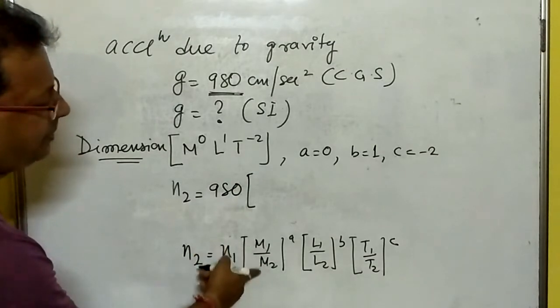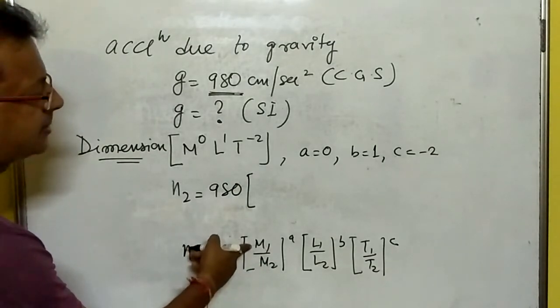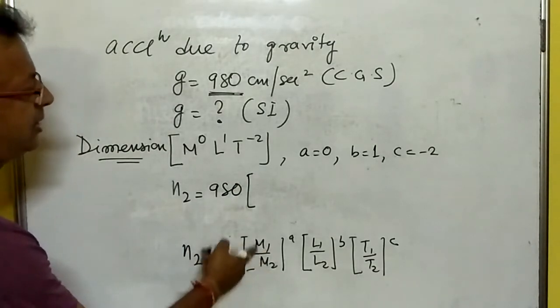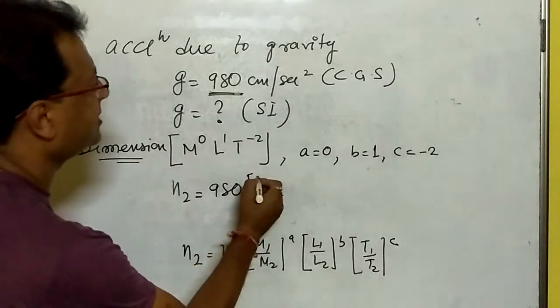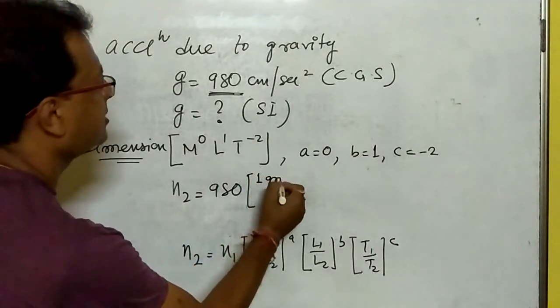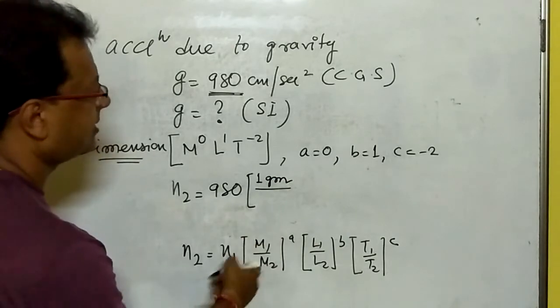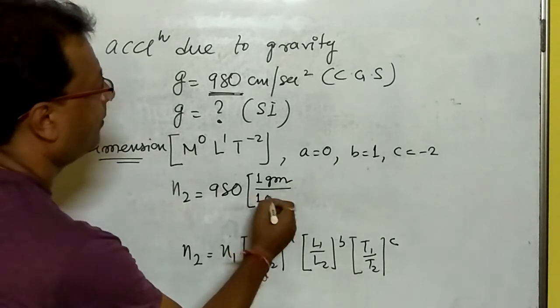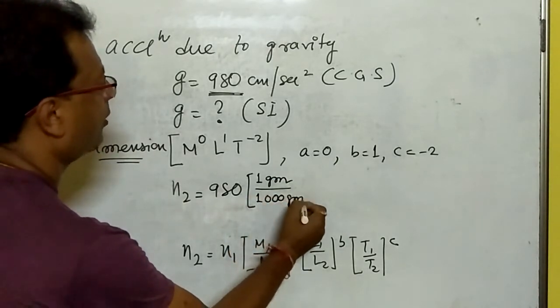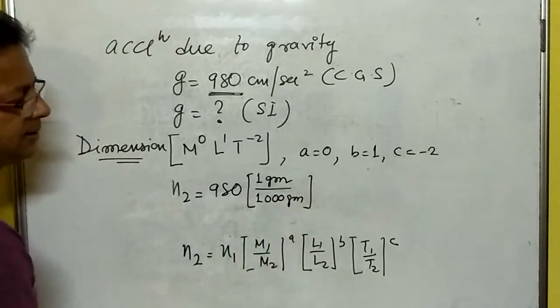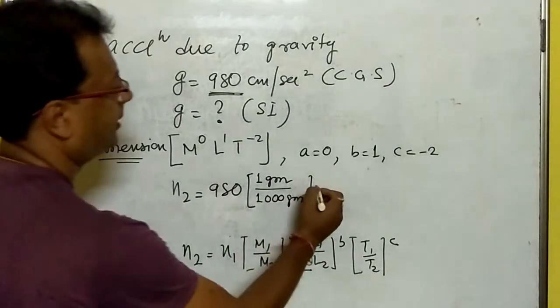Now this is M1 by M2, that is mass, as this has the dimension of mass. In CGS system, mass is 1 gram, and in SI system, mass is 1000 gram or 1 kilogram.